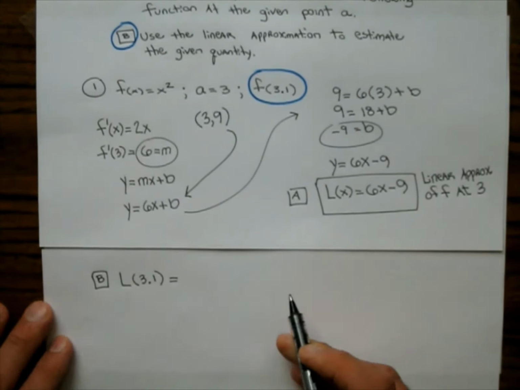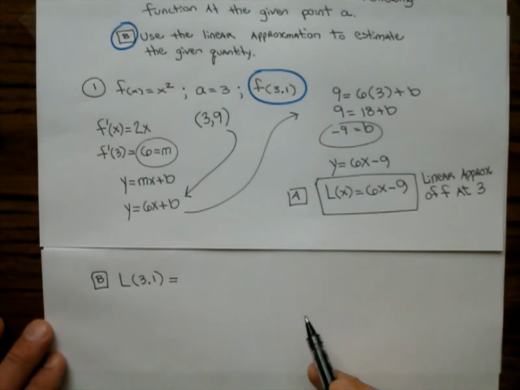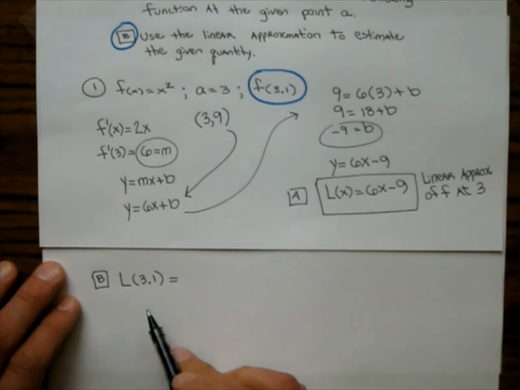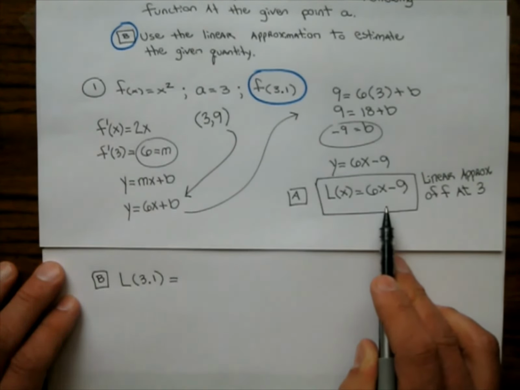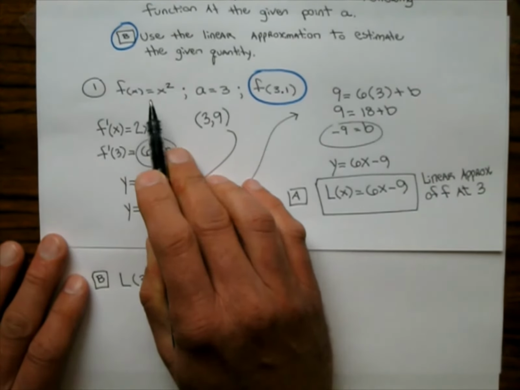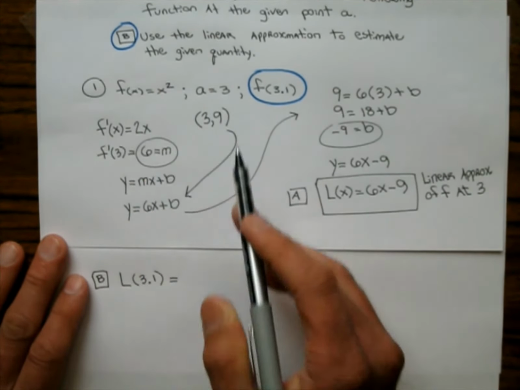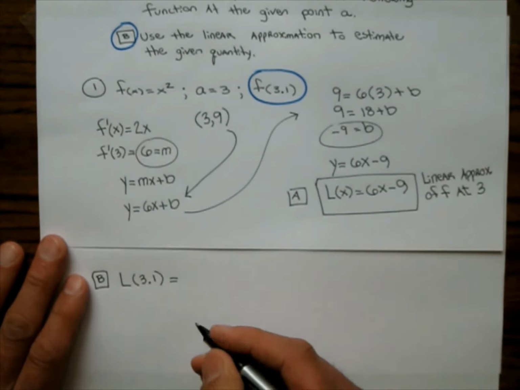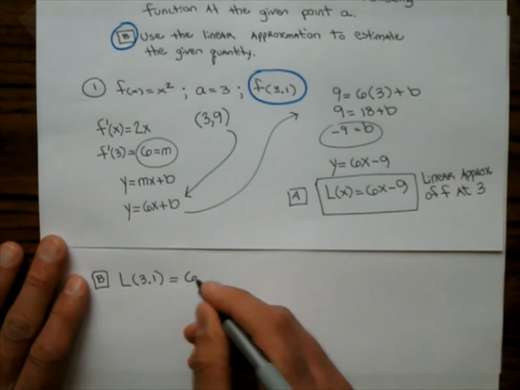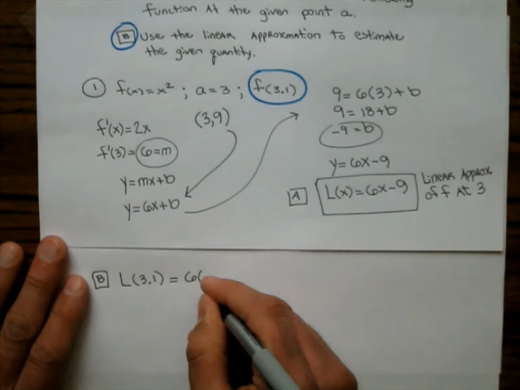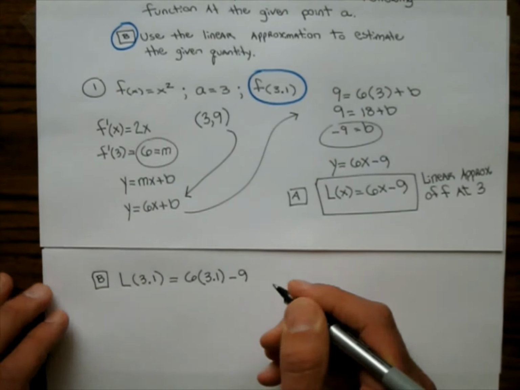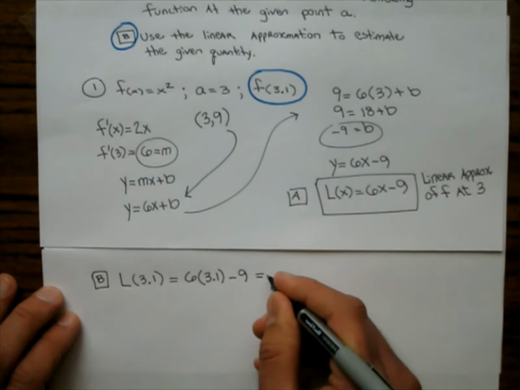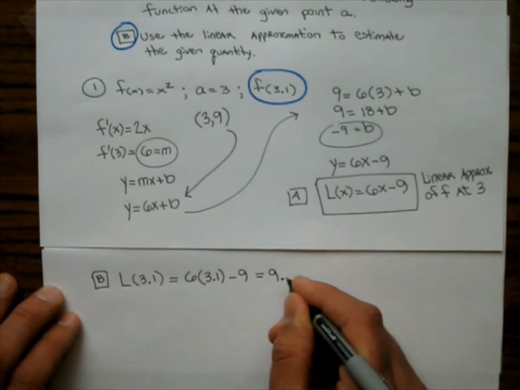It's not so obvious in this example because I wanted to make the example simple, but it is a lot easier sticking values into a line than into something that's nonlinear, and things can be uglier than x squared. So when we put this into the line, we're really just using 6 times 3.1 minus 9, which you can do on your calculator, and you end up getting 9.6.